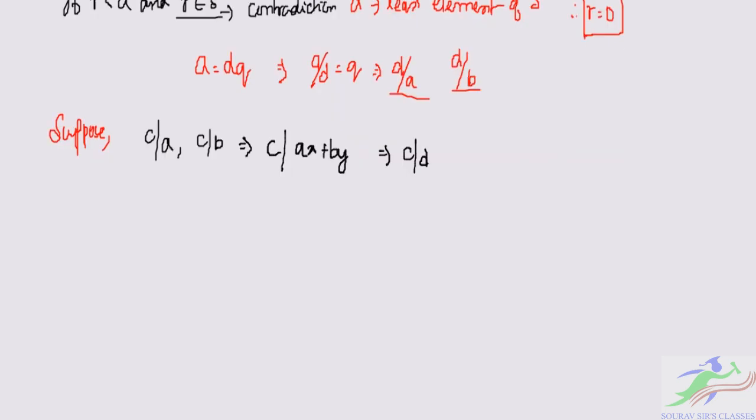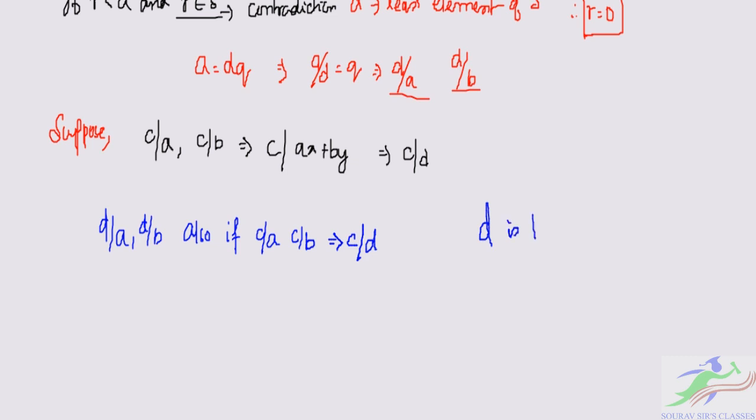So from here you can observe that D divides A, D divides B, and also if C divides A and C divides B, then clearly we have C divides D. So D is the GCD of A and B. By definition we got it, right?